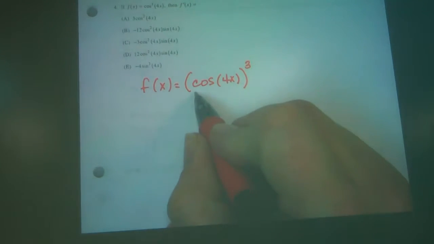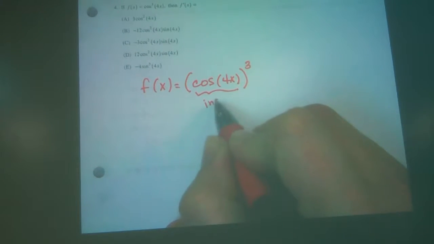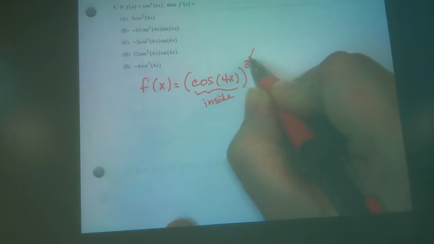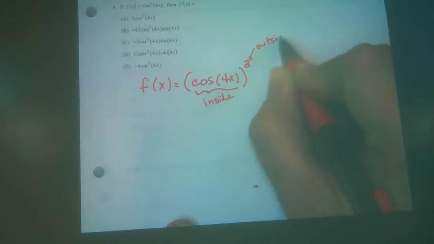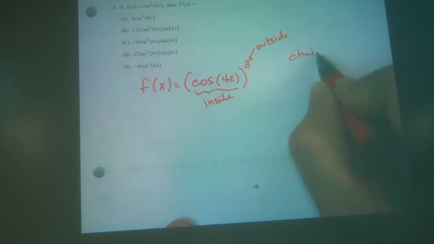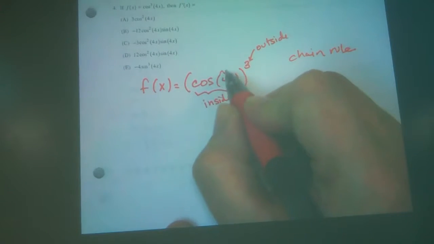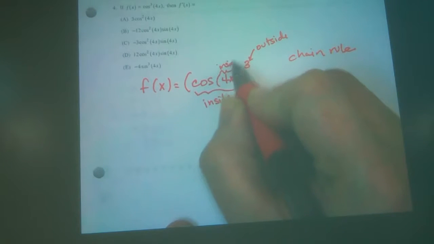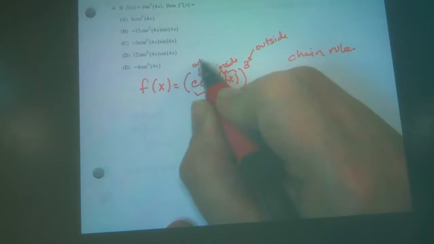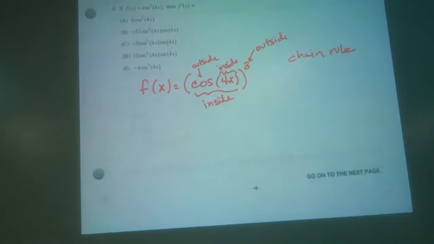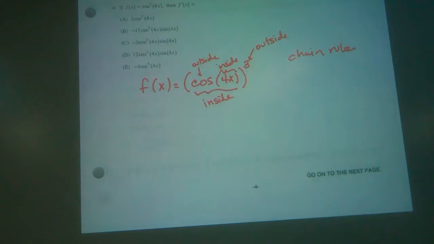So you've got a composite function, which tells me I have to do the chain rule. And within that composite function, you have another composite function. So it's like a double chain rule. So it's kind of tricky. You got to keep them all straight.